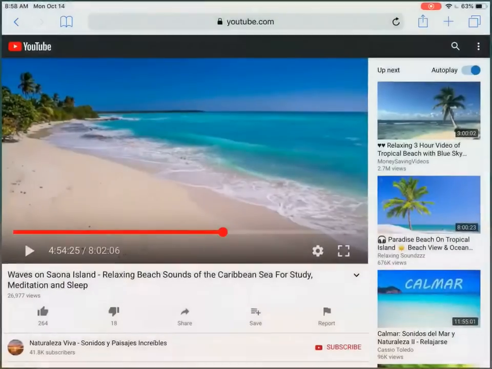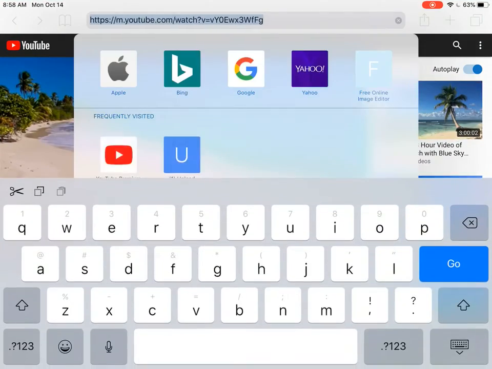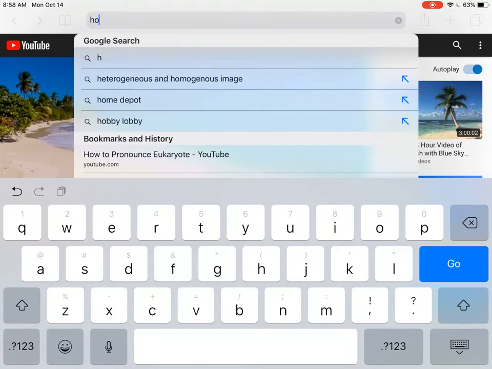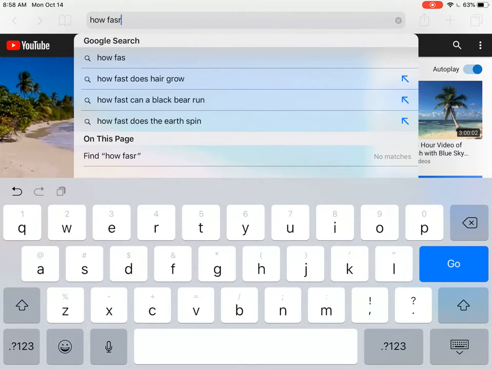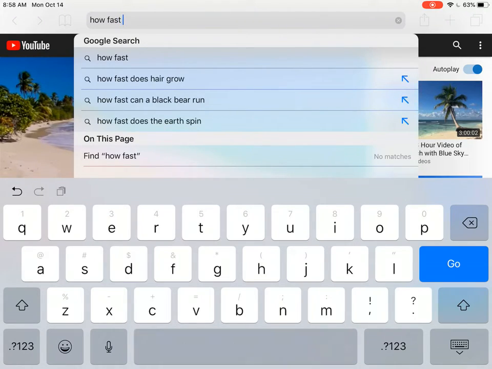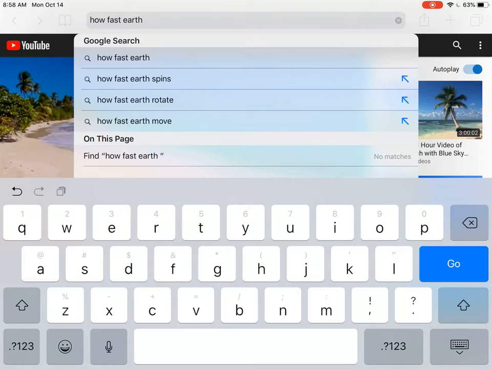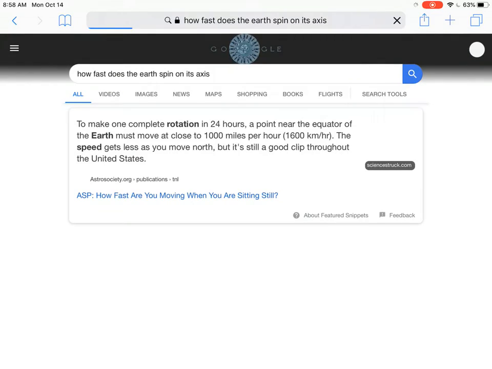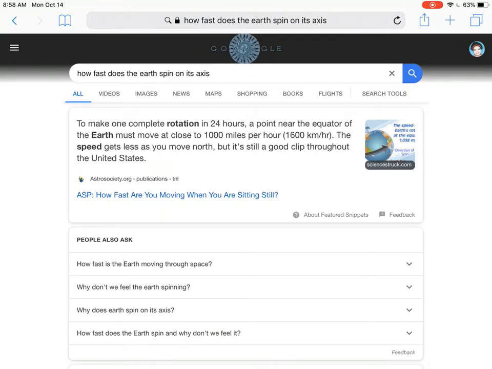To find that answer, let me show you again how to do an internet search. I'm just going to Google how fast Earth spins on axis. You don't even have to type in word for word, because here it will give you the different options. I'm going to click on that question. And again, make sure that your source is reliable, that you get a scientific source.